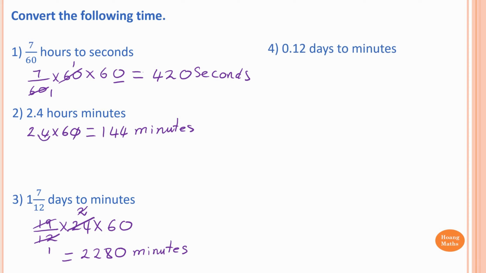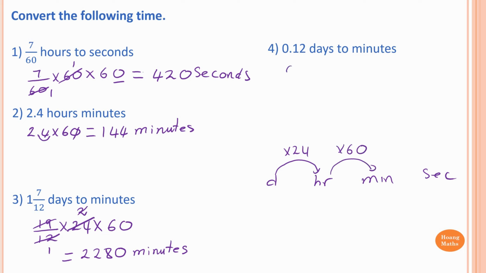Next one, 0.12 days to minutes. So I just write here first. I start with days, and then hours, and then minutes, and then seconds. So from days to hours, I times by 24, and then from hours to minutes, I times by 60.